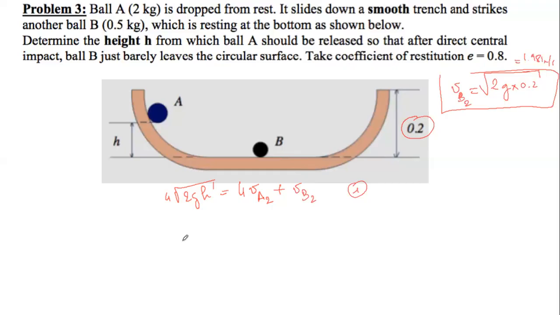Second equation, we used the coefficient of restitution. We said that 0.8 times square root of 2GH is equal to what? VB2 minus VA2. So this is equation number 2.